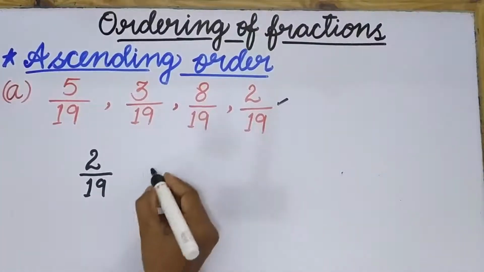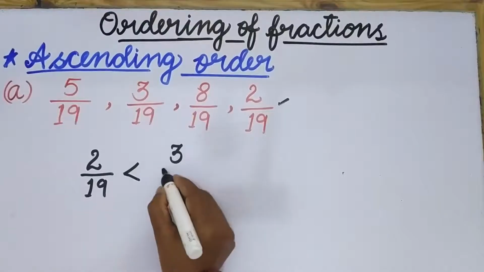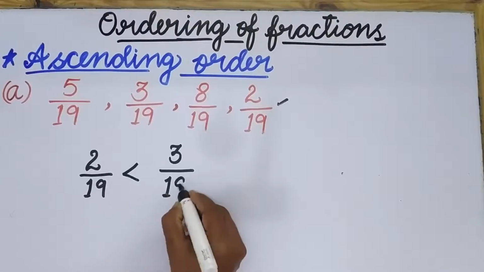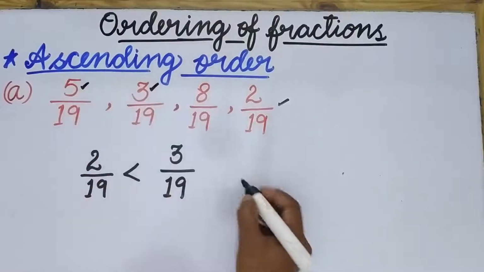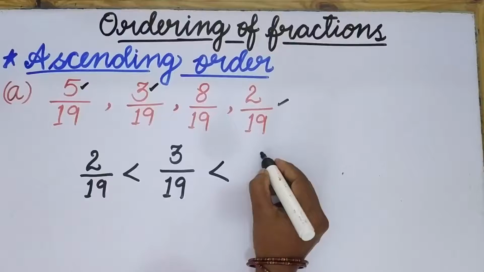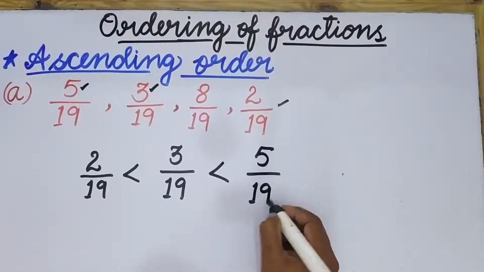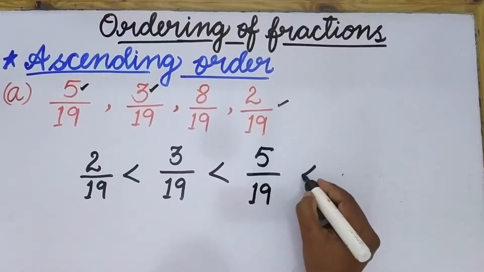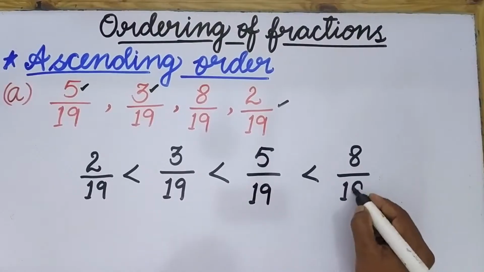Next one. 2 by 19 is less than 3 by 19. Then after 3 by 19, it is 5 by 19. Then the greatest fraction here is 8 by 19.